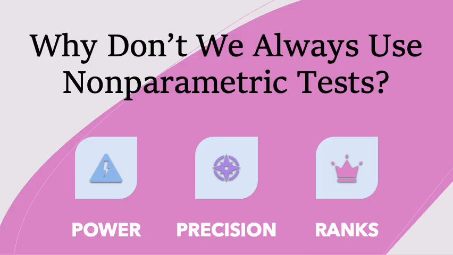However, there are a few serious drawbacks that should keep us from always choosing non-parametric tests. First, non-parametric tests are generally less powerful than their corresponding parametric test when the data are approximately normally distributed.